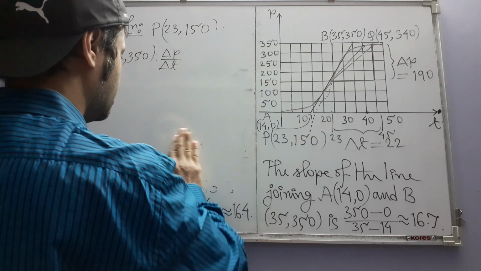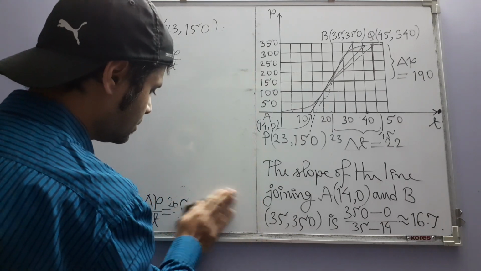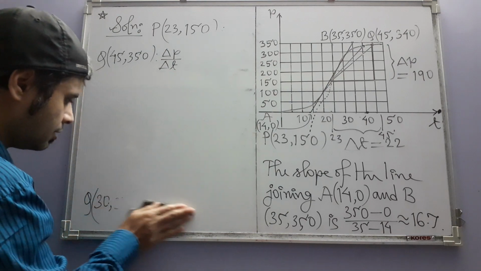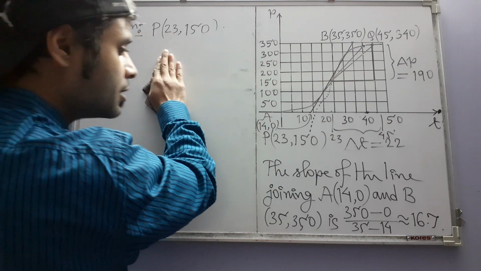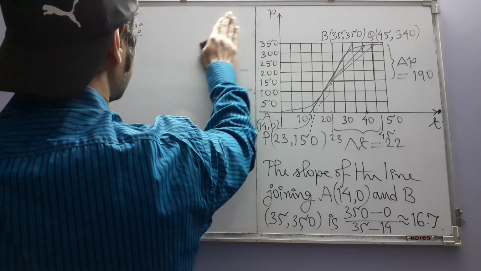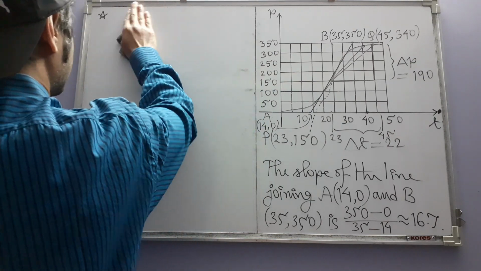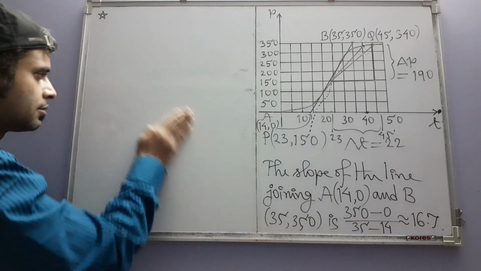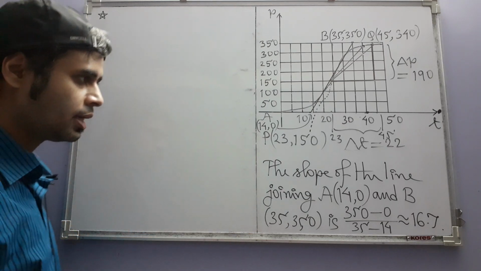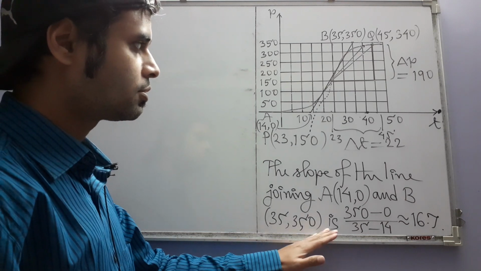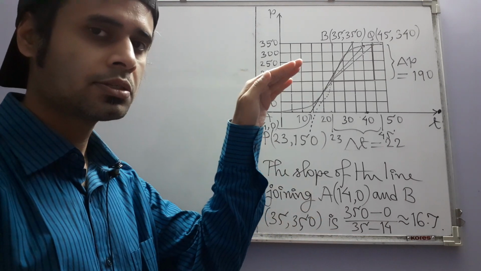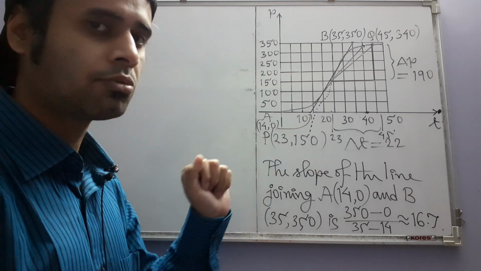So we can now say that the rate at which the population was increasing on day 23 itself is 16.7 flies per day. That is the instantaneous rate of change of the population, which corresponds to the instantaneous speed of the rock at the 1 second mark.